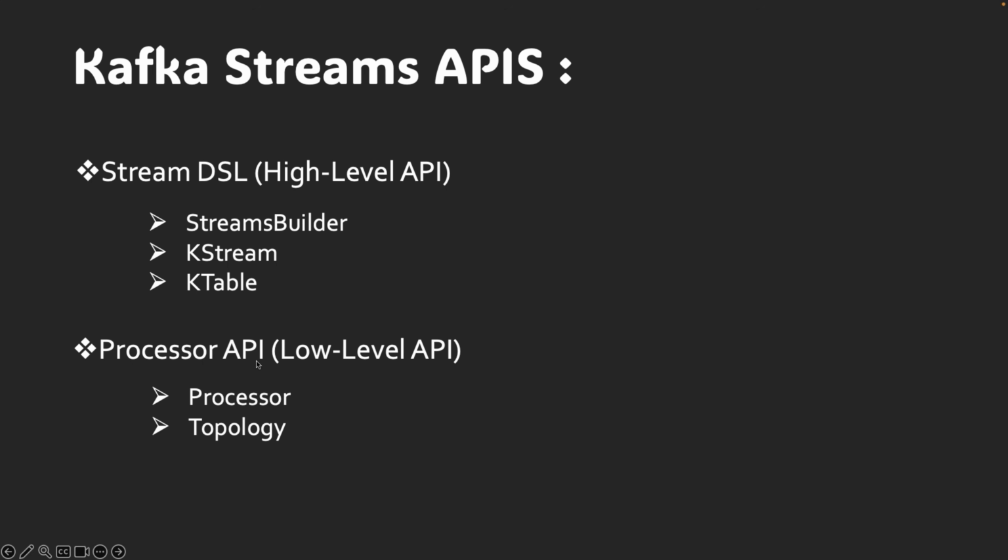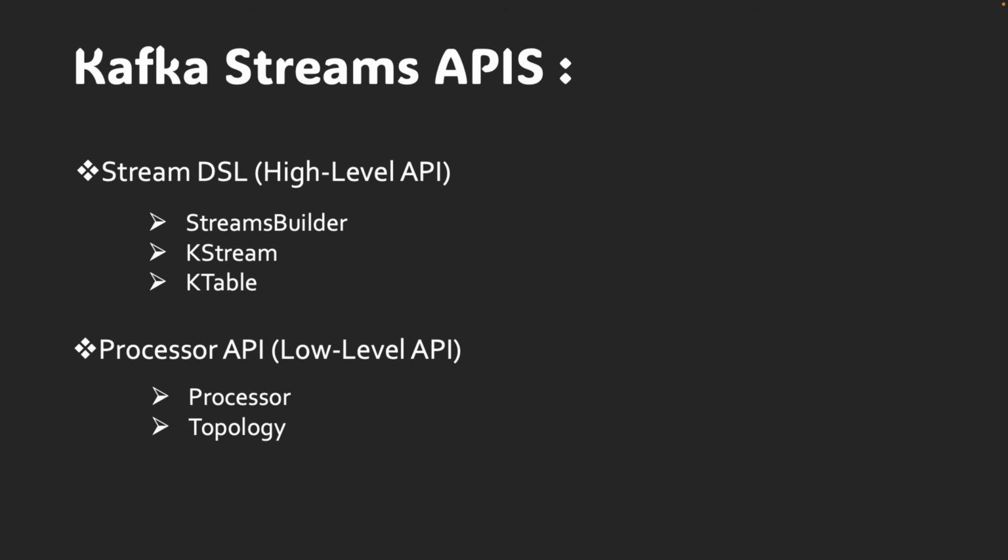Okay. Next one is the Processor API, which is a low-level API. You will have more control with this approach, but you need to write more boilerplate code and you need to manually create the processor and topology. All these things you need to write manually.